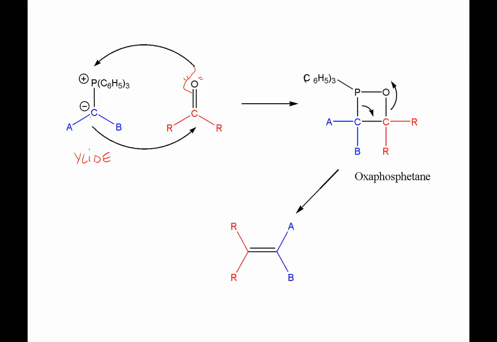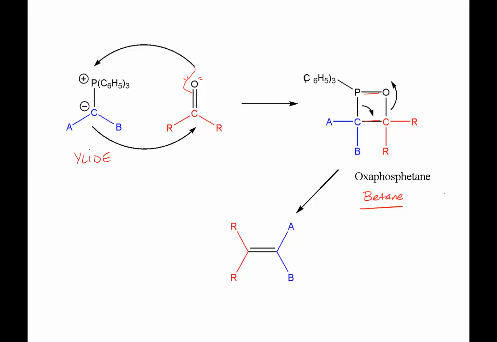And then this negative charge on the carbon is used to form the CC bond. So that I just made the CC bond, the PO bond, and I now have a square intermediate. This is called an oxaphosphetane, or it's also called a betaine. Do you have to know all of these things? No, but I'm just showing you how we get the product we get.